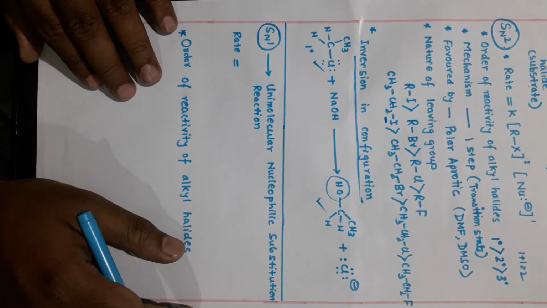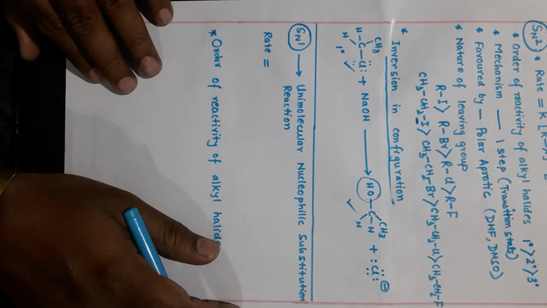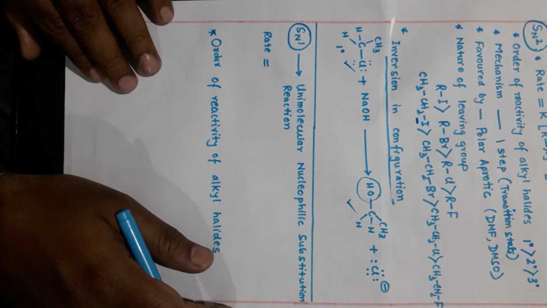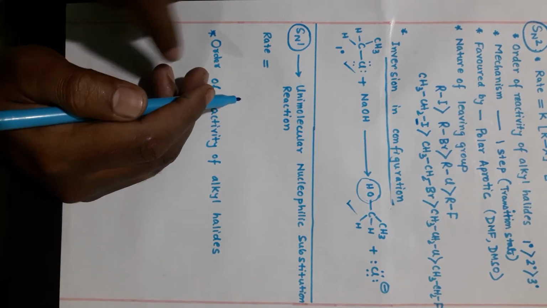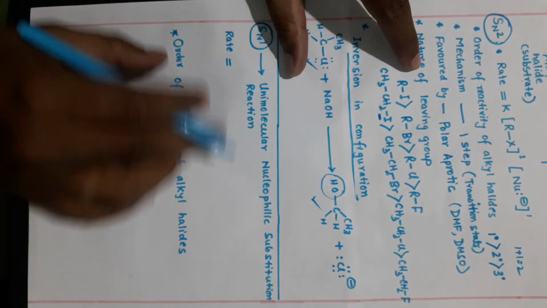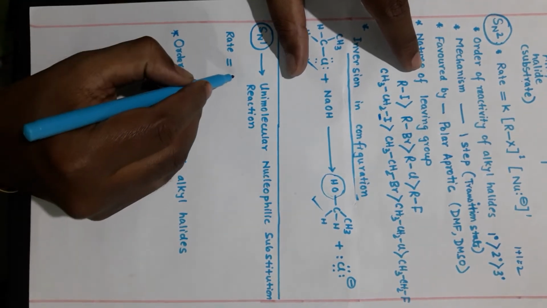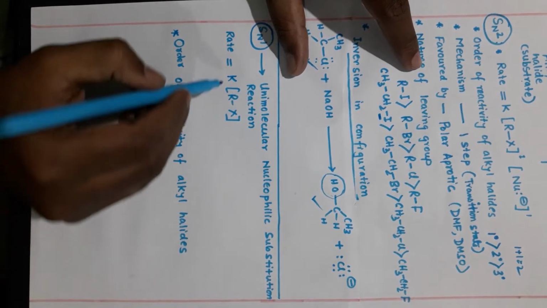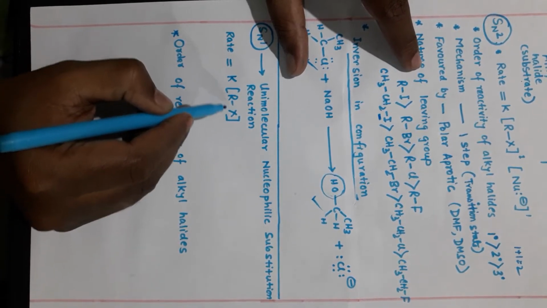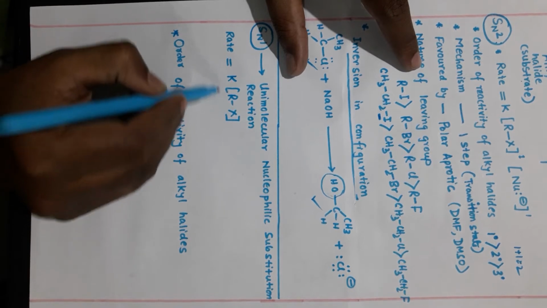So let us come to today's topic, that is unimolecular nucleophilic substitution reaction, or SN1 reaction. So what is an SN1 reaction? The difference from SN2 is that the rate of an SN1 reaction depends on the concentration of only the alkyl halide. Here you can see that the concentration of the nucleophile is not mentioned.